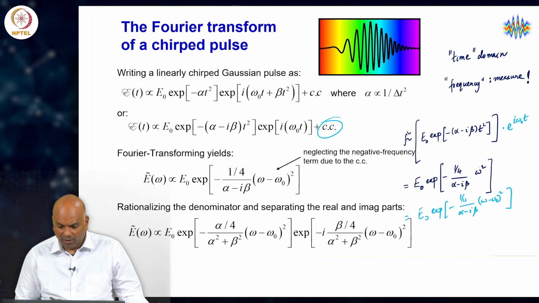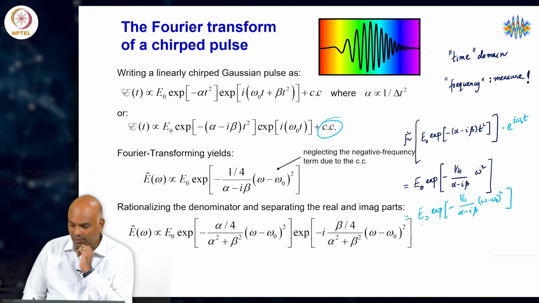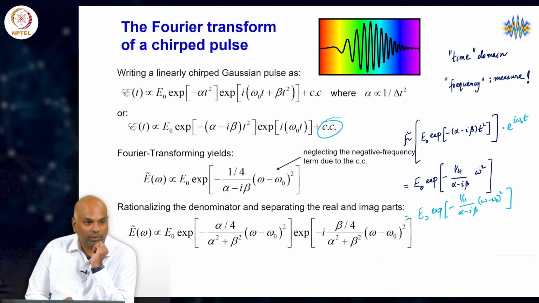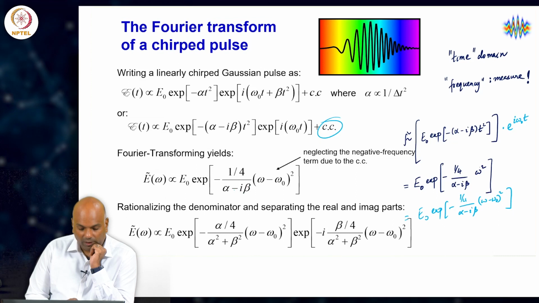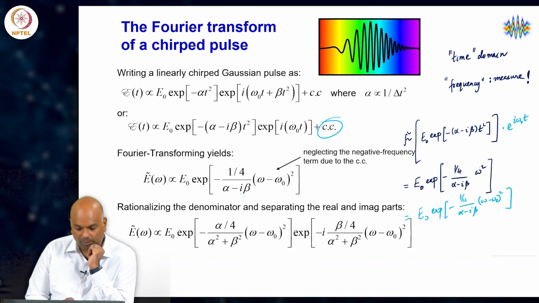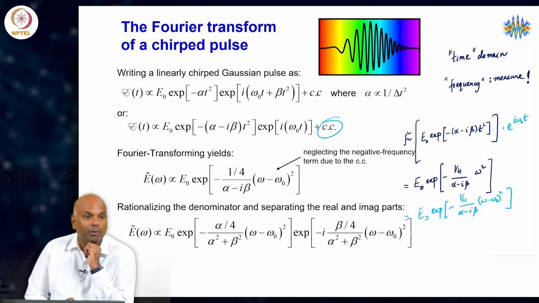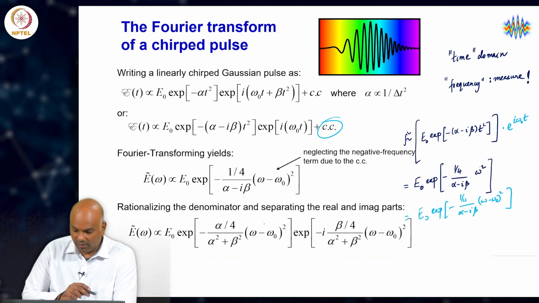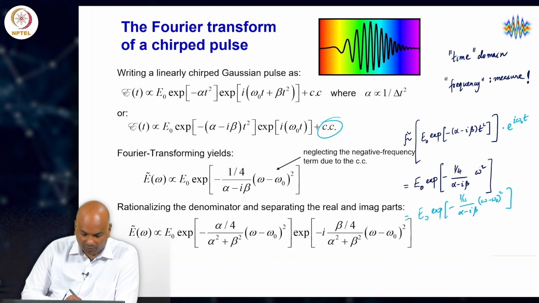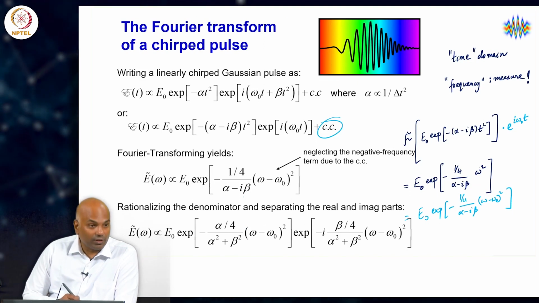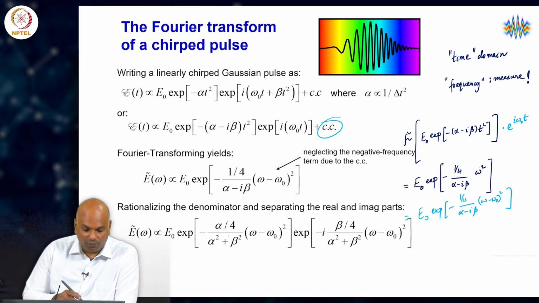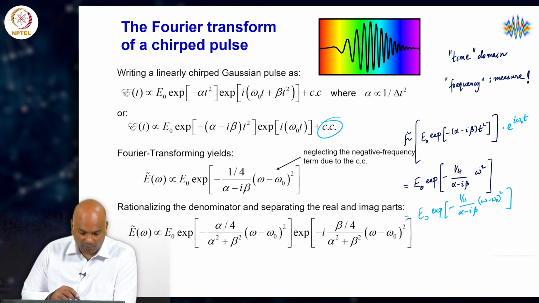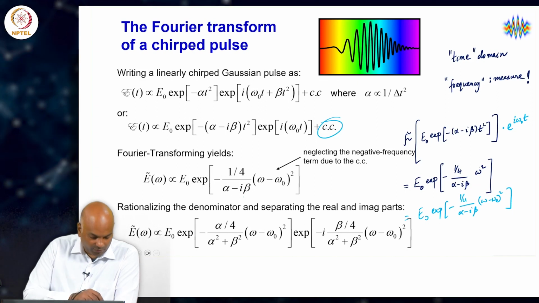So, we can now rationalize the real and imaginary parts of this entire quantity, because in the denominator we have a real plus I imaginary part of a complex number, the real part being alpha, imaginary part being minus beta, right. In which case, rationalizing this, we retrieve the fact that a Gaussian function, okay, transforms to a Gaussian. Some Fourier transform trivia remind us of that.